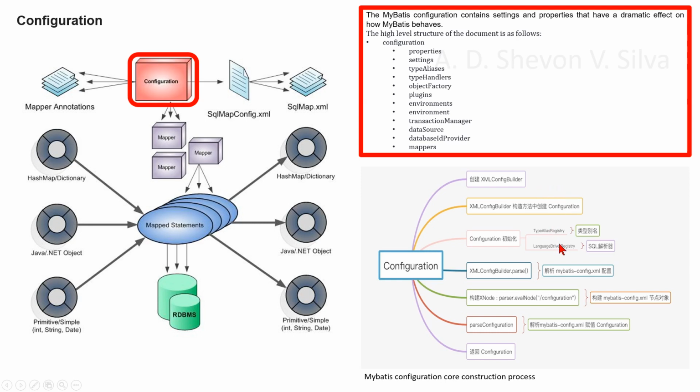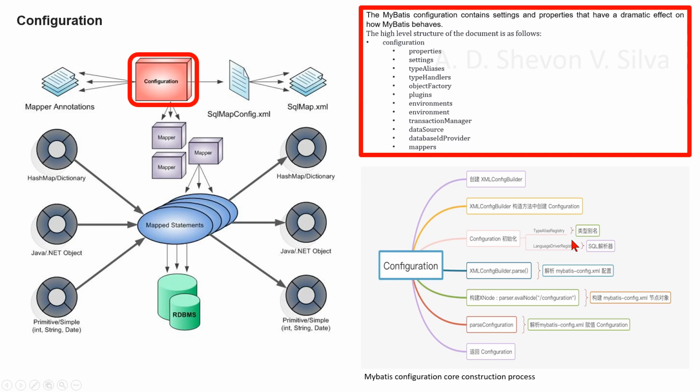Type alias registry. What is a type alias? Databases like MySQL or Oracle support aliases, and MyBatis also provides this mechanism. The type alias in MyBatis is set as an alias for the types commonly used in MyBatis, using aliases instead of specific types.